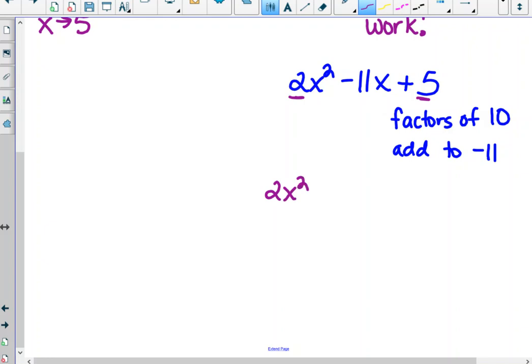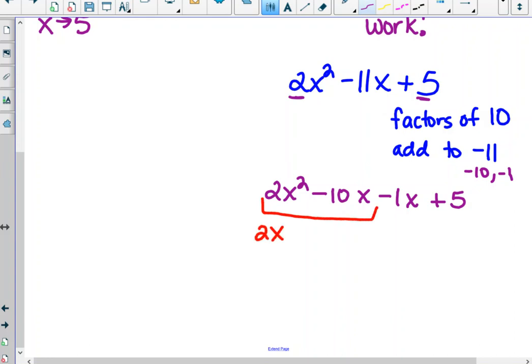So how about 2x squared minus 10x minus 1x plus 5? Negative 10 and negative 1 would be a good pair. They're both negative, so I can put either one that I want first. Sometimes I like to put the bigger one first. Group those guys together. When I look at those, just the front two, and I factor out the 2x.